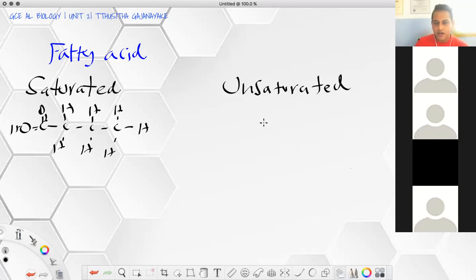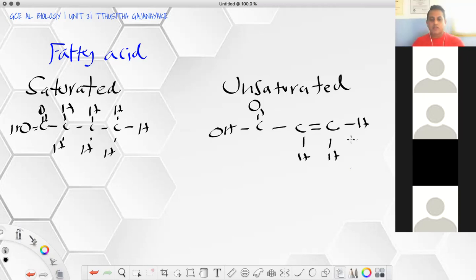But if you look at this one, they have a double bond. If you look at this unsaturated fat, the most important thing is having a double bond.